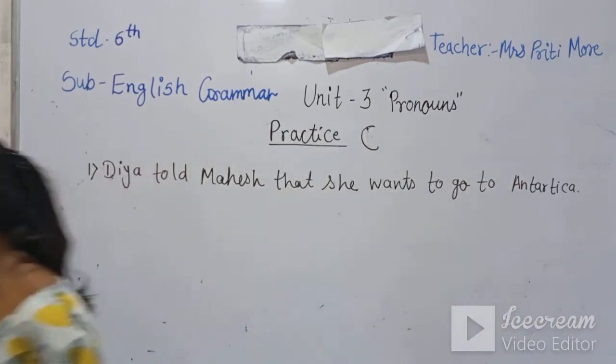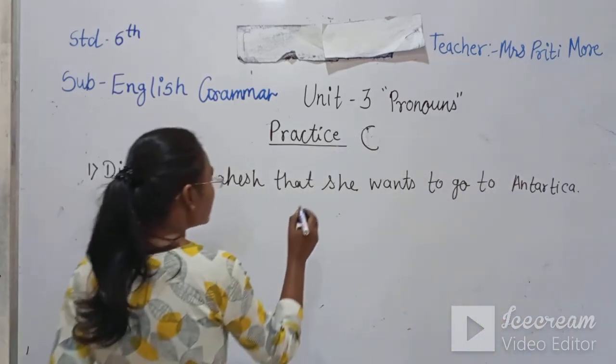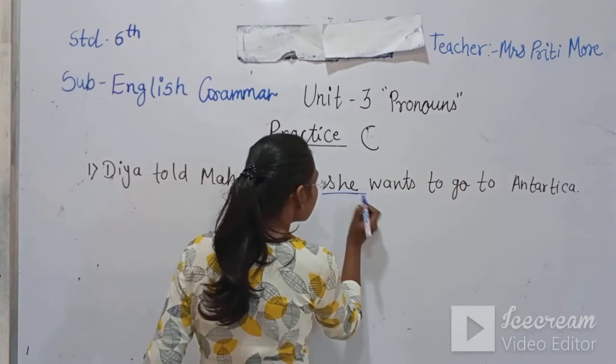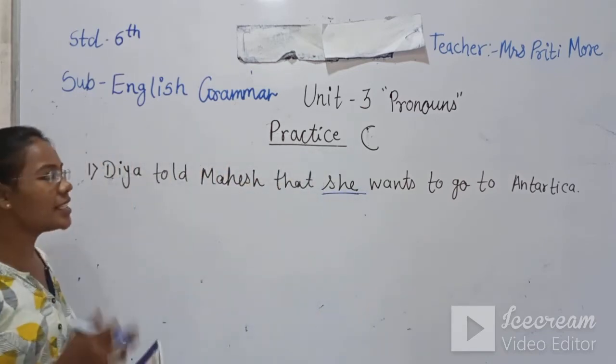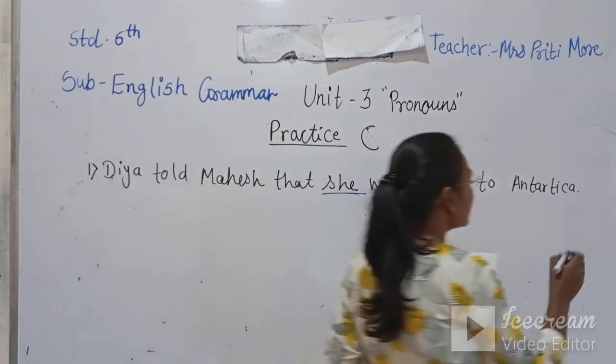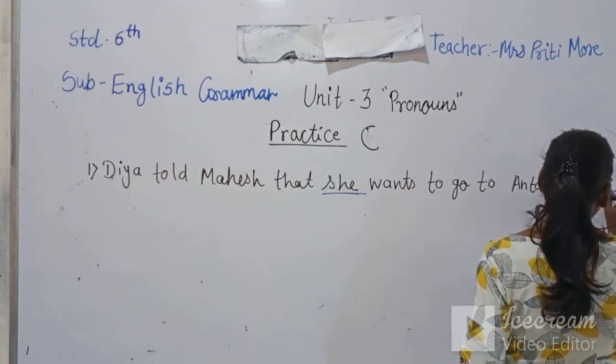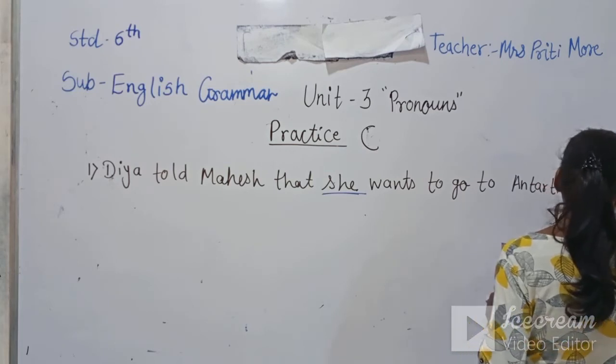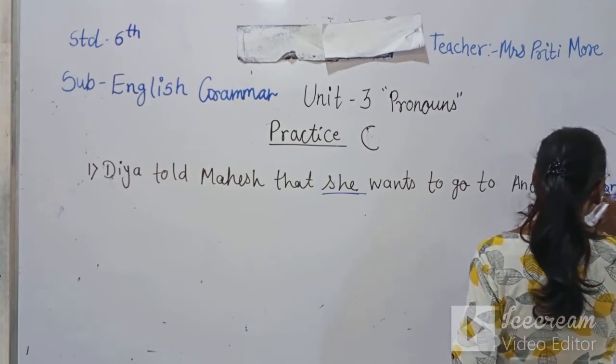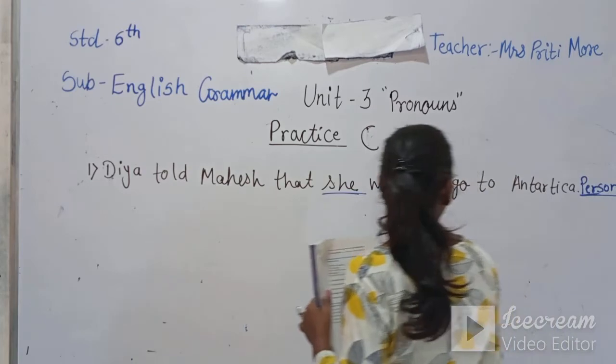Now here which pronoun is underlined? She. And she is which kind of pronoun? It is a personal pronoun. So here we have to write personal, because she is a human being and this is a personal pronoun.